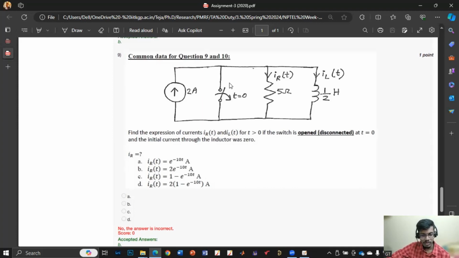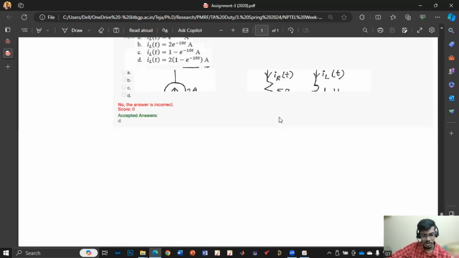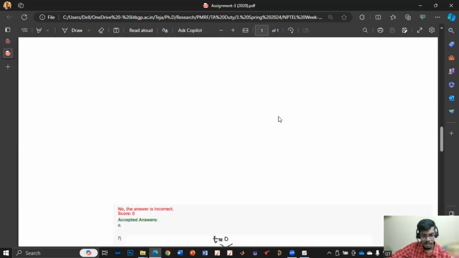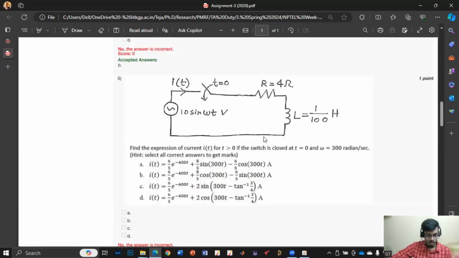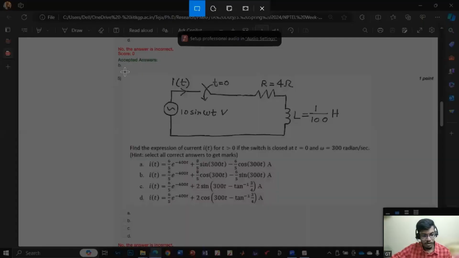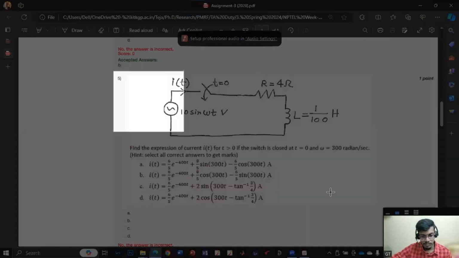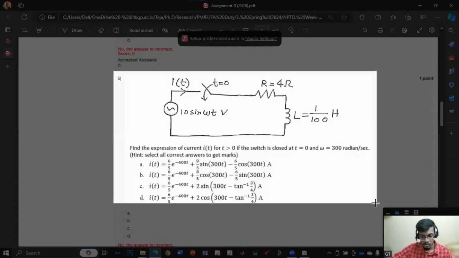Here you are not solving for steady state, you are solving the differential equation. So you will get currents or voltages as a function of time. I will take up this sine question, which again needs some level of understanding of the concept. I'll let you know how to solve this.